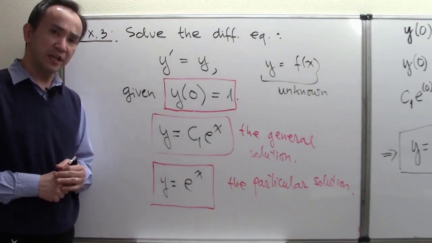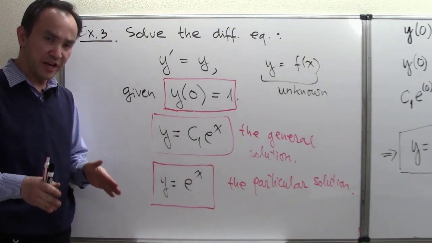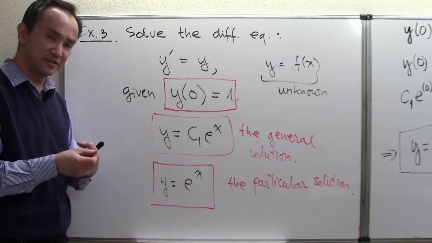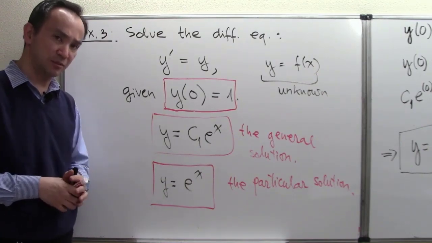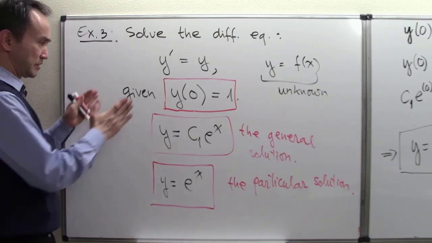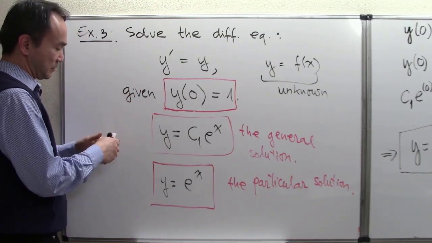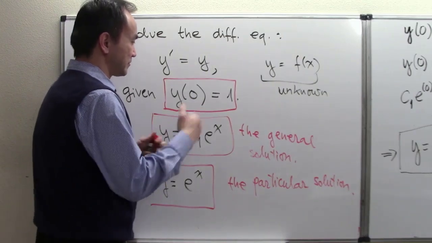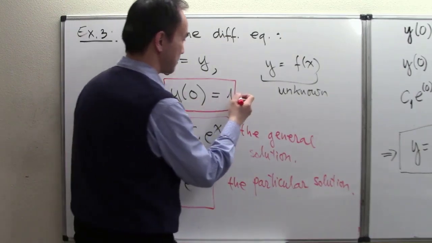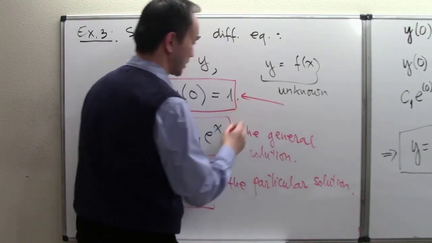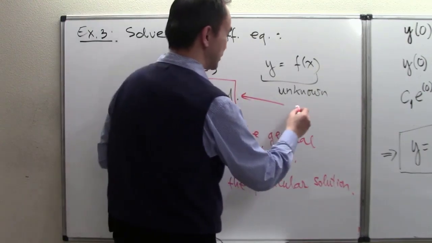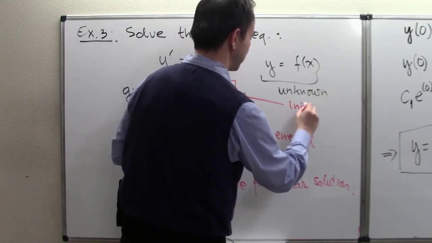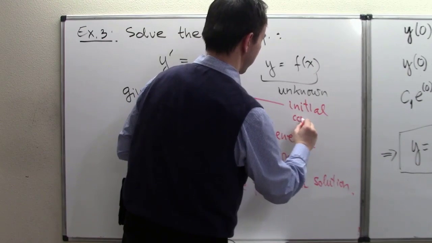All right. So at the very end of this problem, allow me to give some generality about the problem we have here. The piece of information that I put in the highlighted red box right here is referred to as an initial condition.